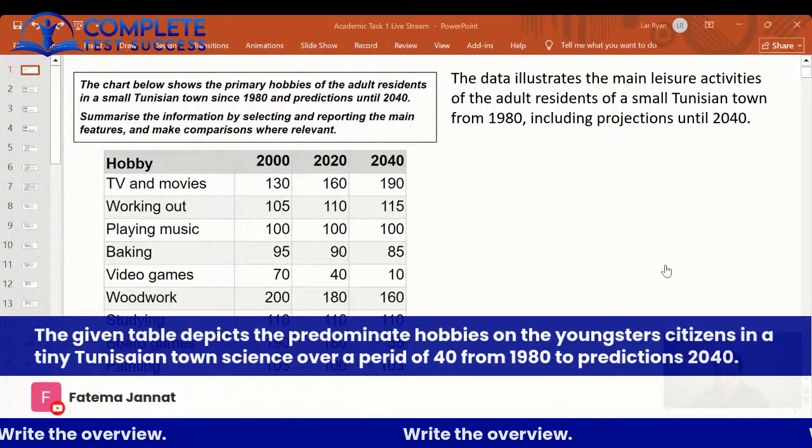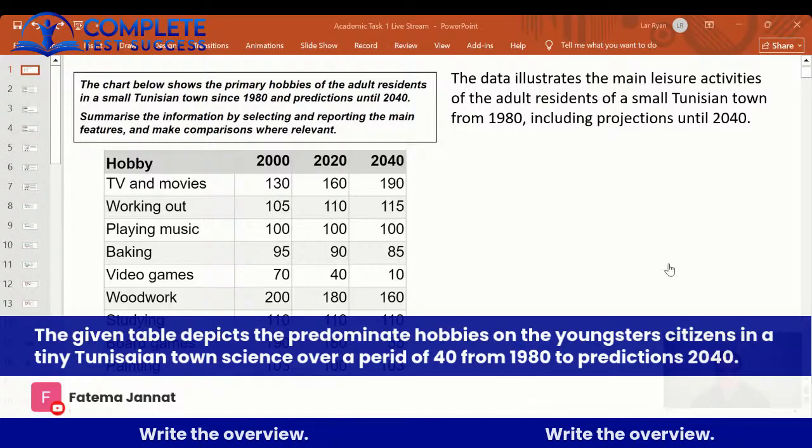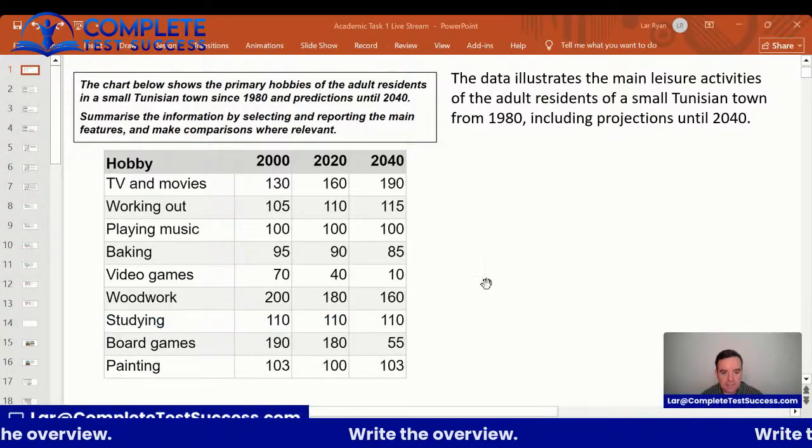Town, science, you've misspelled since. Over a period of 40, then you have to say 40 what? It has to say 40 years from 1980 and predictions in 2040 or something like that. So yeah, a few little changes to make there.